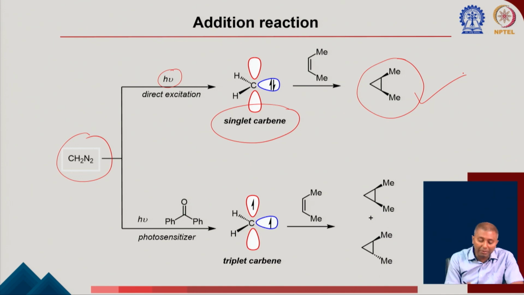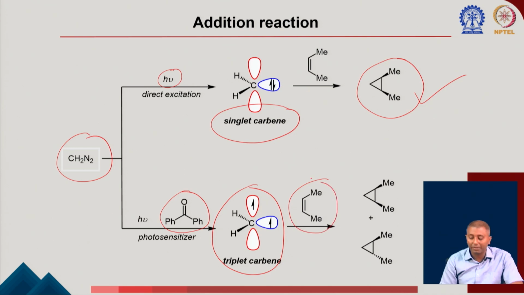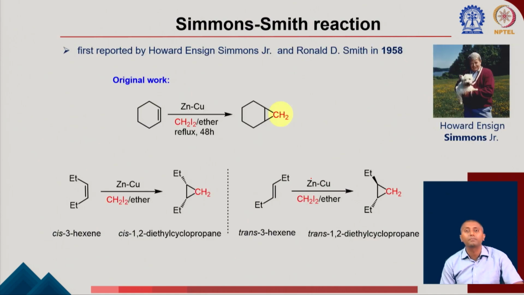But once you use a photosensitizer like benzophenone, it forms a triplet carbene. So now you can see it is giving a mixture of cis and trans product. In the previous class I already talked about the generation of singlet and triplet carbene, but you can verify that by reacting with the corresponding olefin.